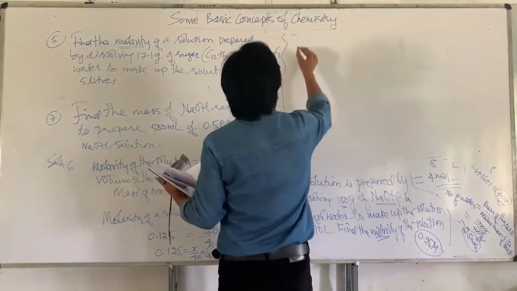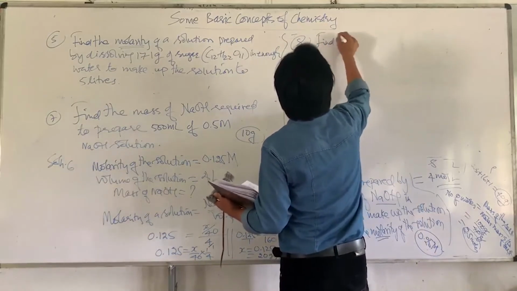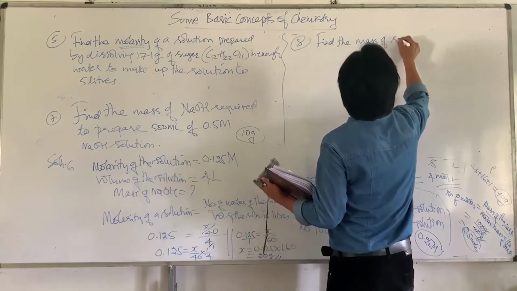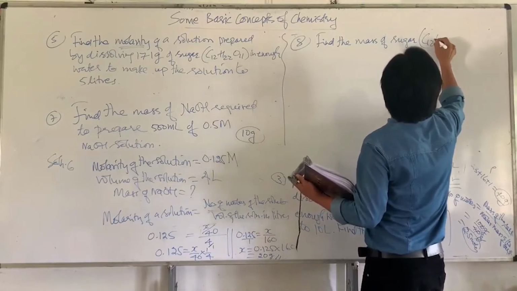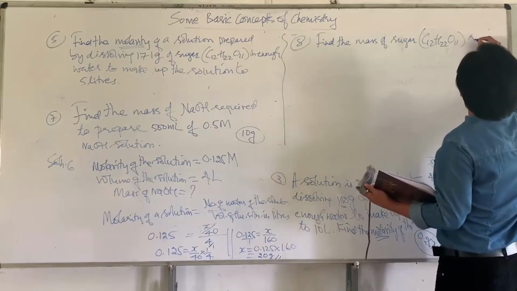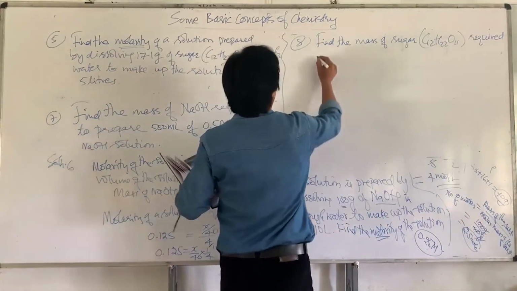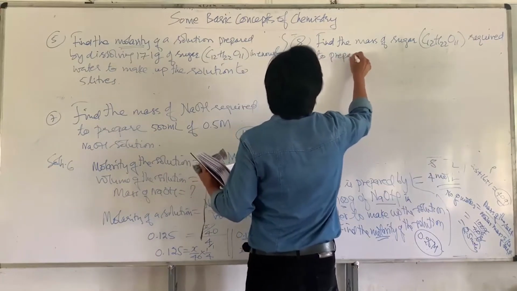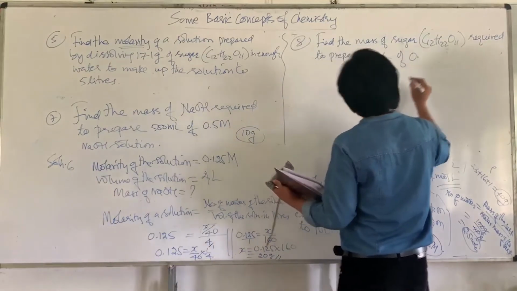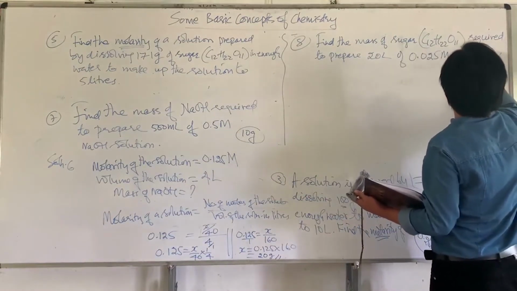Question number 8: find the mass of sugar, C12H22O11, required to prepare 20 liters of 0.025 molar sugar solution.